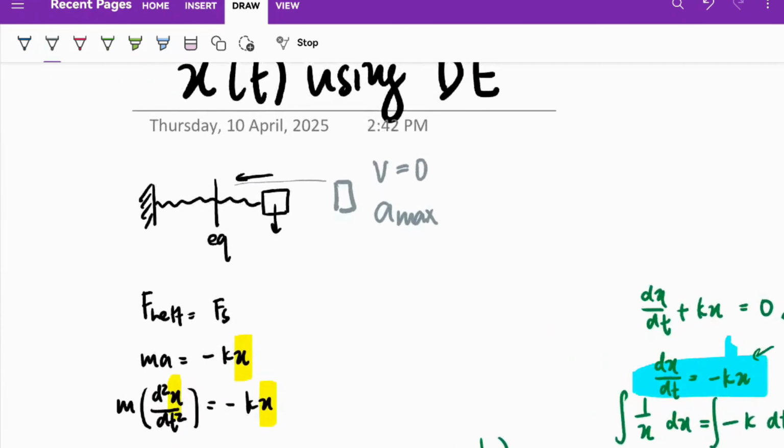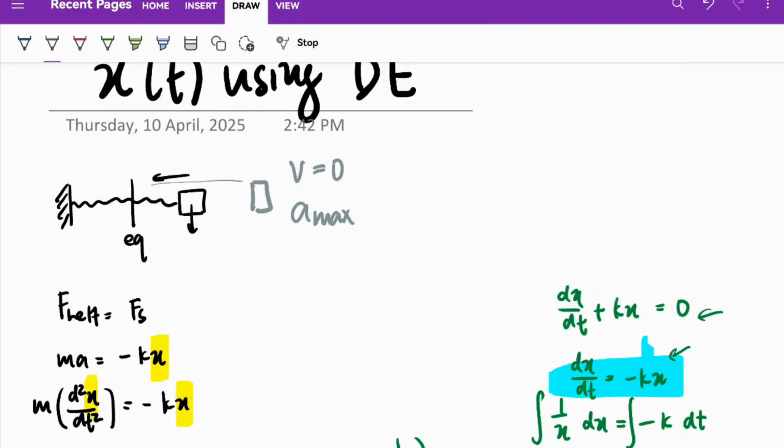At the equilibrium position, your v is maximum, but your a is 0. Same goes to the furthest position: a is maximum, v is 0. Because the further you are from the equilibrium position, you need more restoring force to restore it back, right?